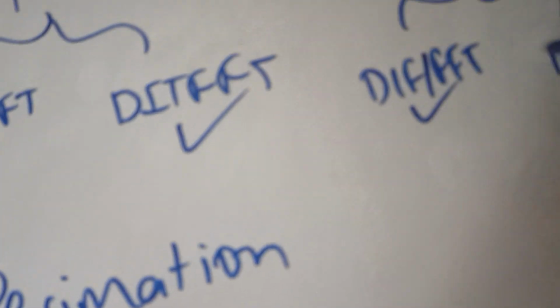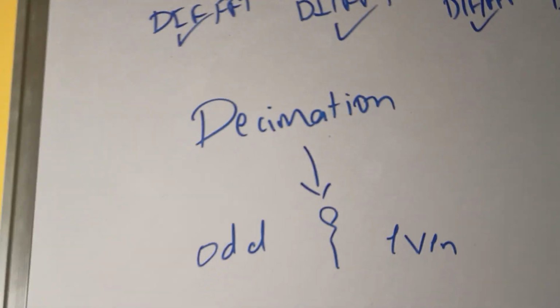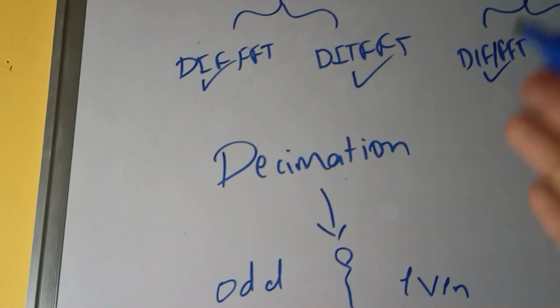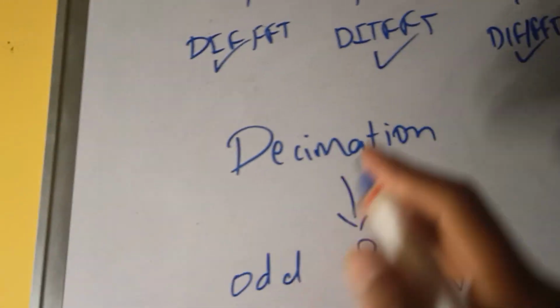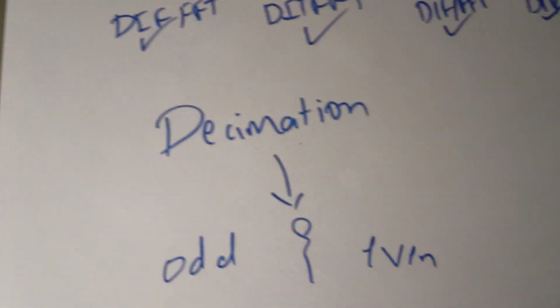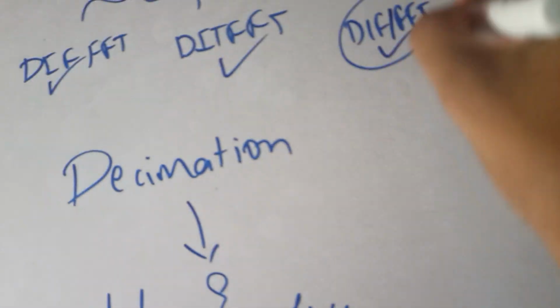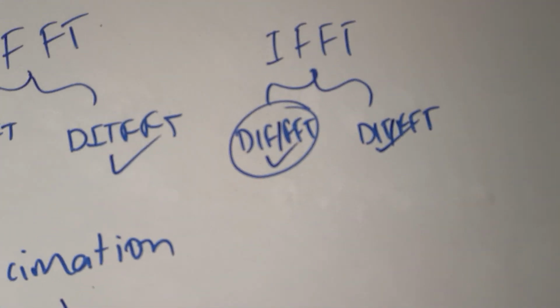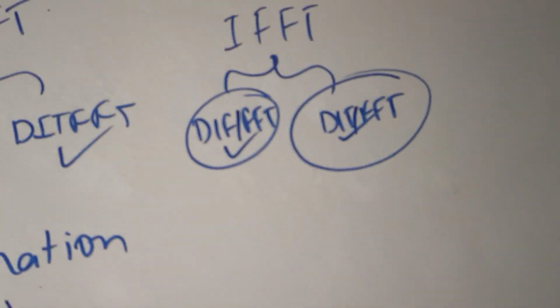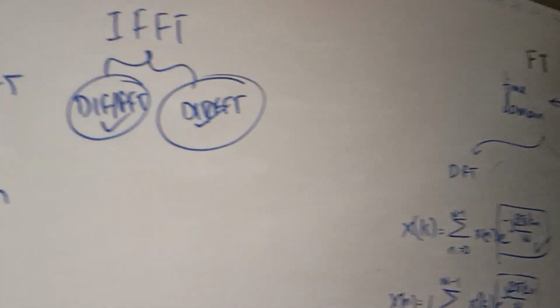So in DIF FFT, we group the elements in the frequency domain, and in DIT FFT, we group the elements in the time domain. Similarly, in DIF IFFT, we group the elements in the frequency domain, and in DIT IFFT, we group the elements in the time domain.